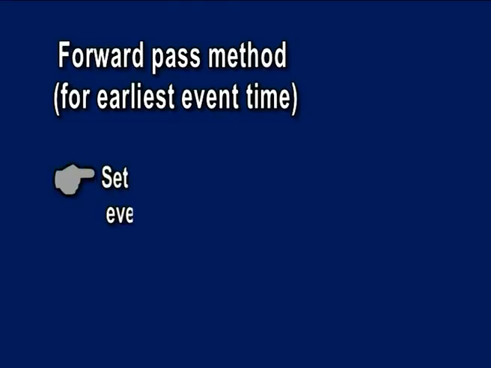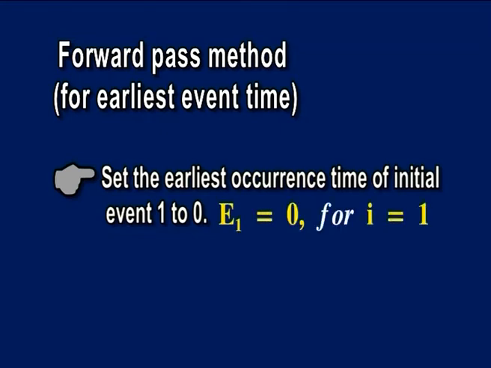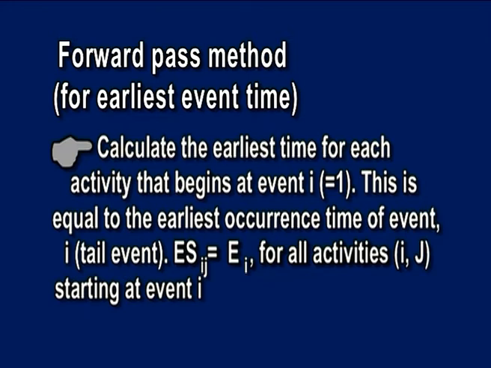First, set the earliest occurrence time of initial event 1 to 0, that is, E1 is equal to 0 for I equal to 1. Second, calculate the earliest start time for each activity that begins at event I equal to 1.